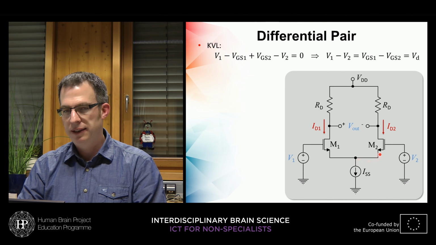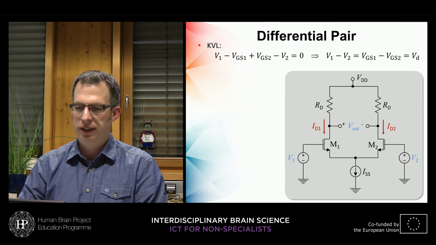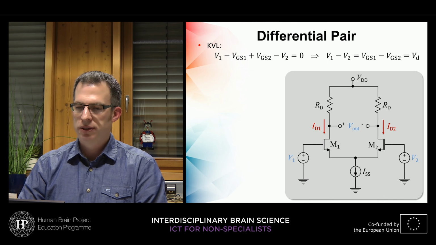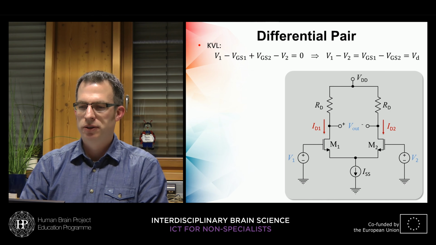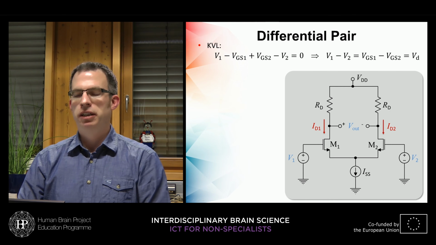We go up plus the gate to source voltage of this transistor, and then minus V2 because we go the other way around. And that equals 0 because they are connected via the ground terminals. So we can say up here V1 minus V2 equals gate to source 1 minus gate to source 2, and that should be our differential input voltage VD.